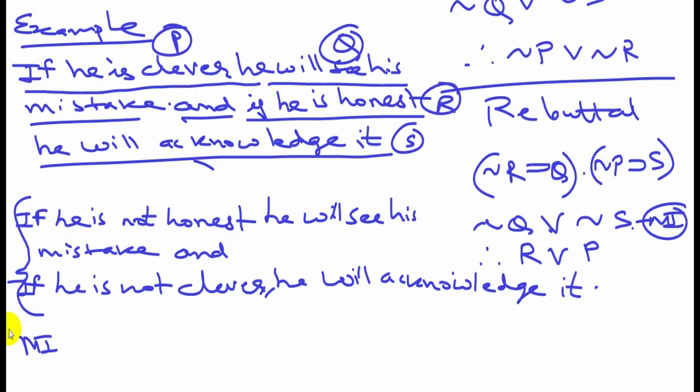So not Q means either he does not see his mistake, instead of saying he will, he does not, because it's a categorical proposition.